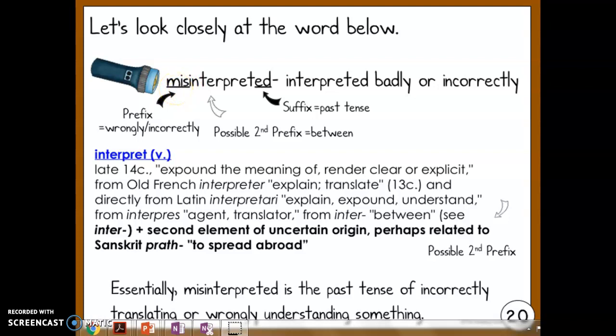So essentially then, misinterpreted, because of the suffix being ed on the end, is the past tense of incorrectly translating or wrongly understanding something.